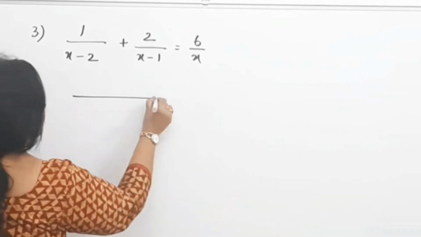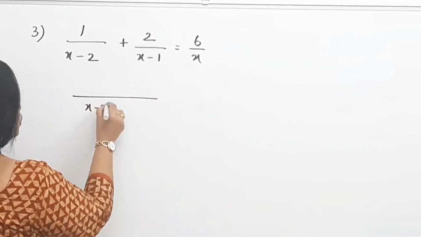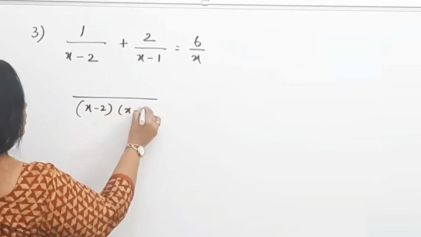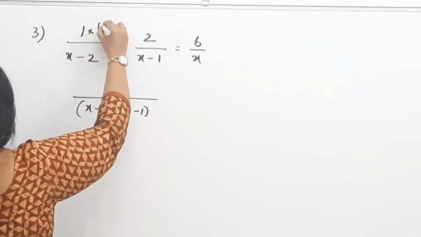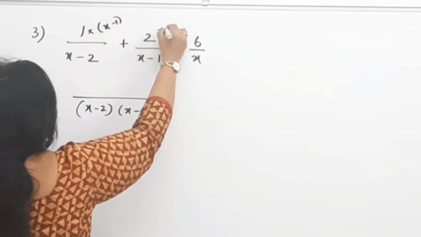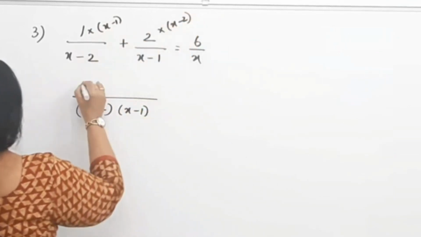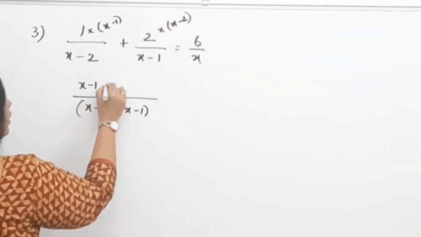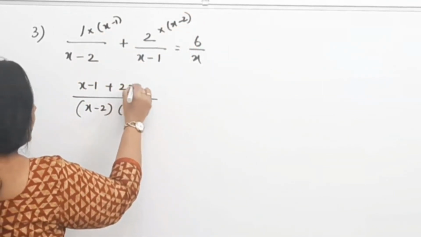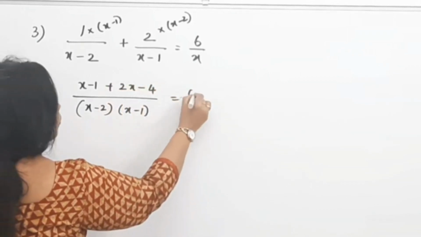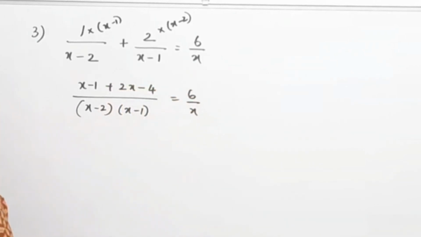So my LCM is x minus 2 into x minus 1. So I would multiply this by x minus 1 and this by x minus 2. So this is x minus 1 plus 2x minus 4 is equal to 6 by x.